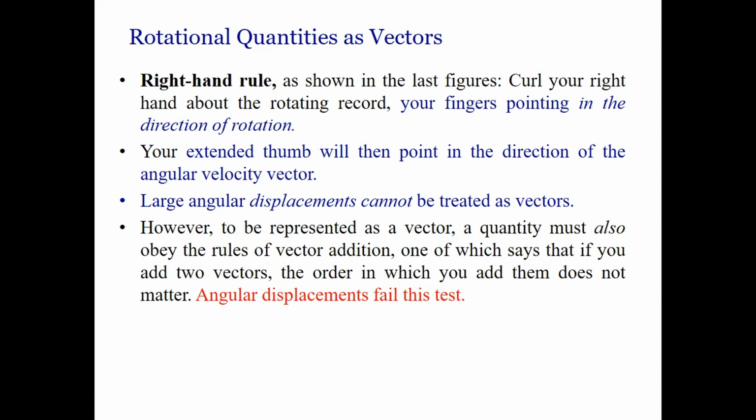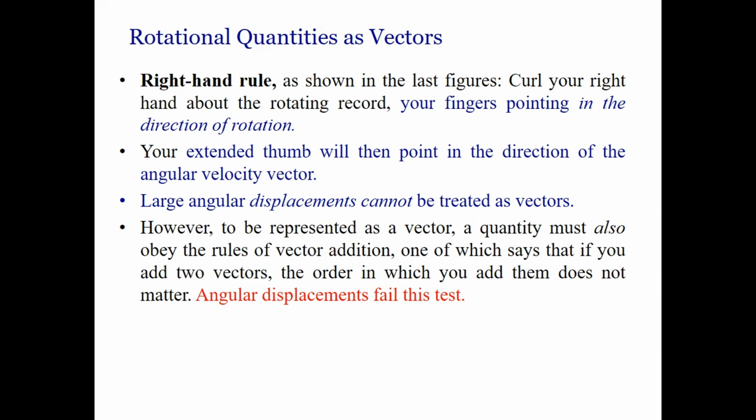If some quantity has to be a vector, then vector addition rules must be obeyed. We can add two vectors in any manner. For example, a vector is added to b vector, or we can add b vector to a vector, and the same answer will be the resultant.